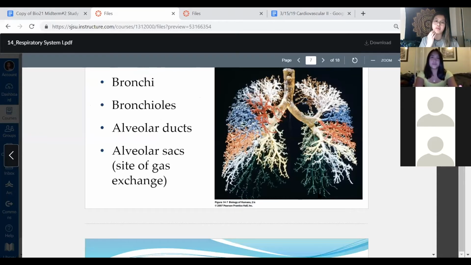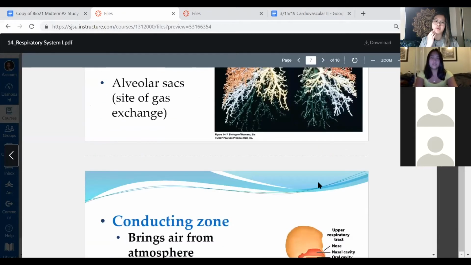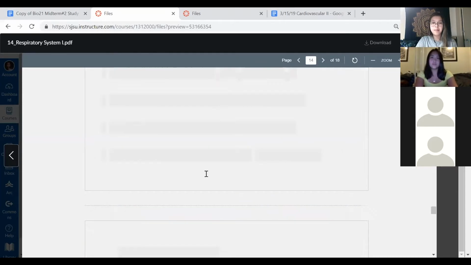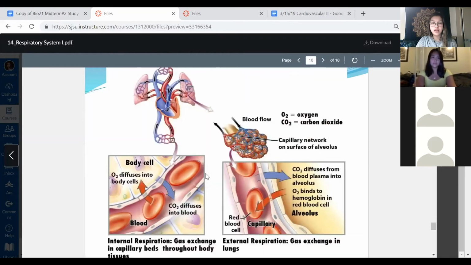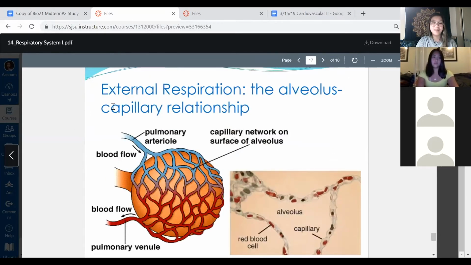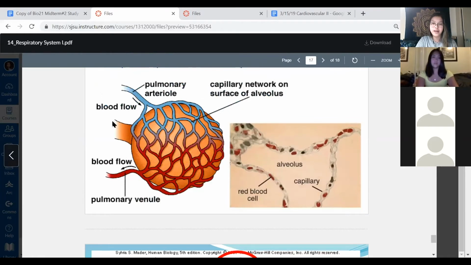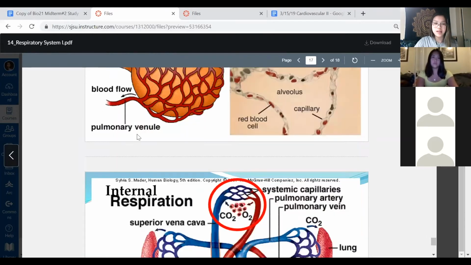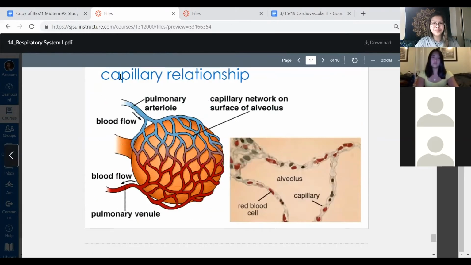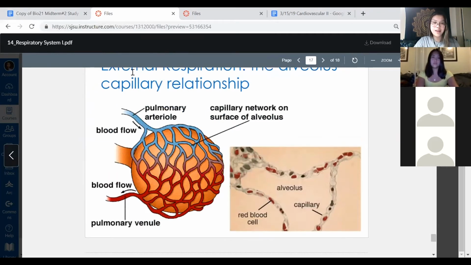They do this using the alveolus-capillary relationship, which is specifically how the gas exchange occurs. This is through certain transports, specifically diffusion, but we'll go over that later. The capillaries surround the alveoli, basically like this picture.